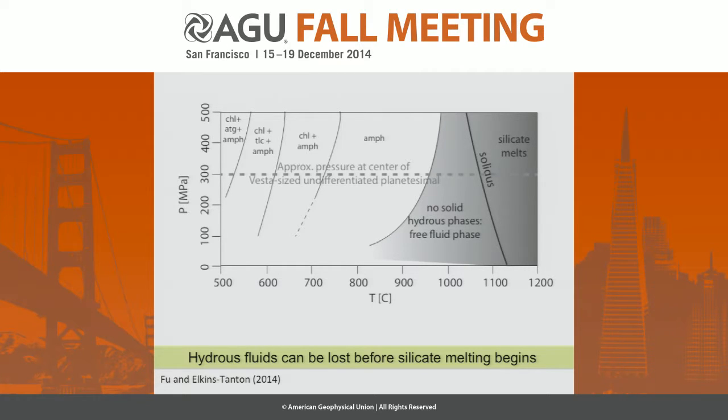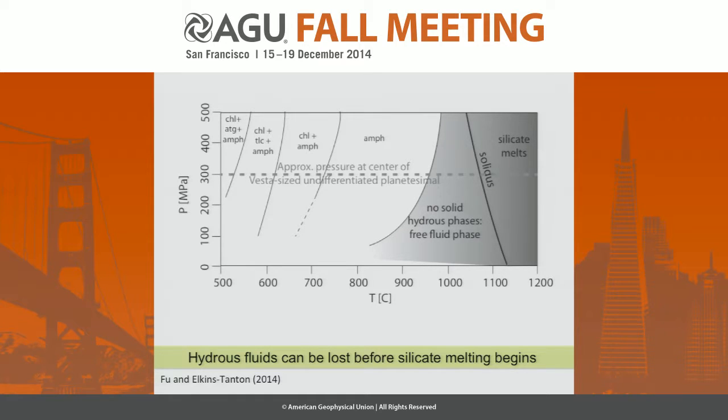And so this is work that Roger Fu and I did that just came out earlier this year, where our point is that as the temperature rises inside this body from the effects of radiogenic heating of the short-lived radioisotopes aluminum-26 and iron-60, that metamorphism can be done as you create different kinds of hydrated silicates, but eventually the temperature pressure curve of your small body is going to cross an area where there is no hydrous phase, no solid hydrous phase, but instead a free fluid phase before silicate melting begins.